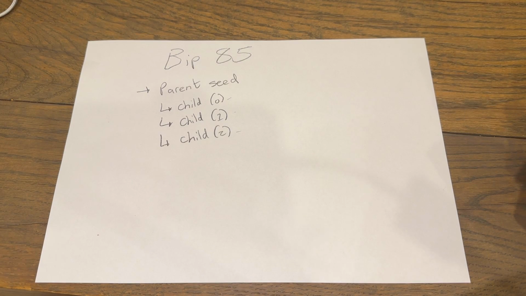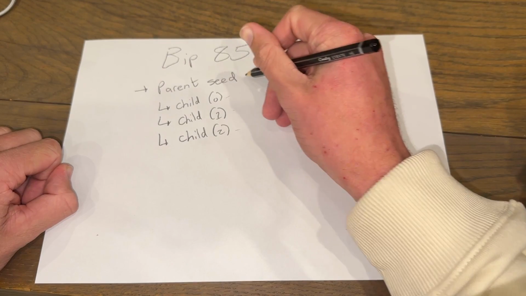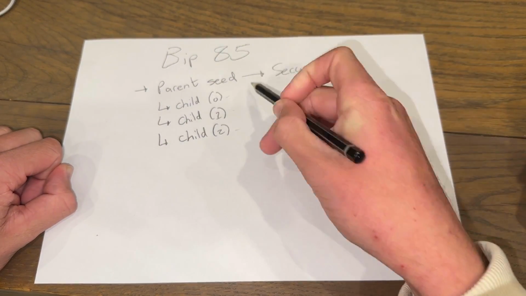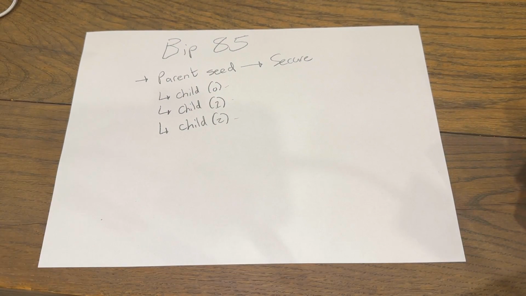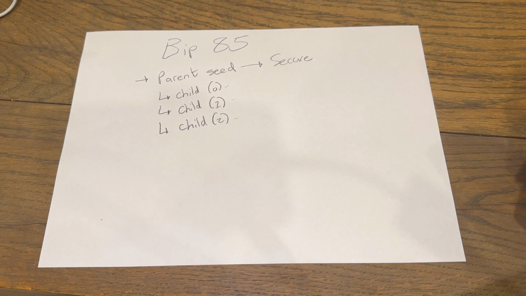So when generating seeds for your family using BIP 85, what you would do is firstly start with this parent seed, and then you need to secure this yourself. So this seed will belong to you. You will be responsible for the parent seed. Now what you would do is go ahead and generate a whole bunch of child seeds using your SeedSigner, and you would give all the childs to your friends and family who want a Bitcoin wallet.